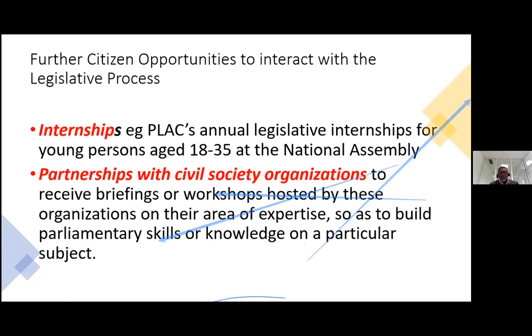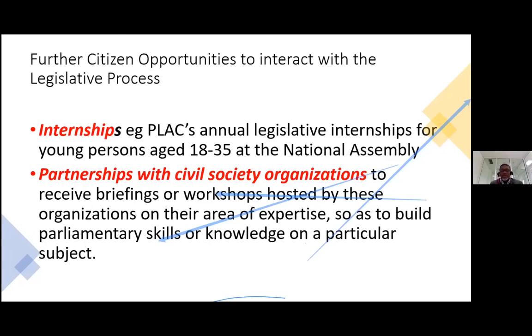And when we build this culture, we create this kind of pipeline. For example, the Plaques Annual Legislative Internship for people between the ages of 18 and 35. You can imagine what will happen in 20 years' time for people who have mainstreamed themselves into this process. It becomes easy, it becomes a culture. Democracy is a culture that has to be sustained. It cannot be sustained if there is no succession fabric into the system.